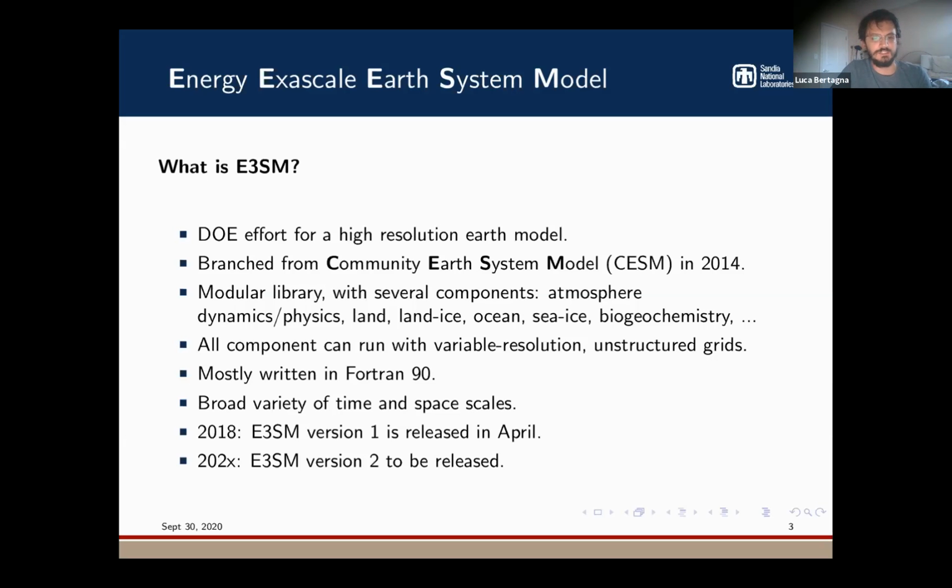Broad variety of time and space scales. V1 was released 2 years and change ago. V2 is hopefully by next year, you know, the code freeze should be next year, but then when all the simulation campaign ends, we don't know. At least I don't know.